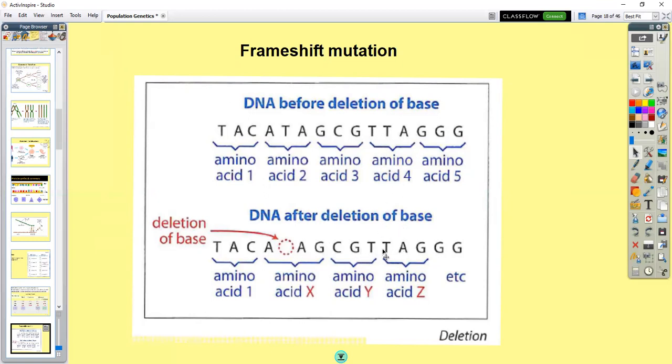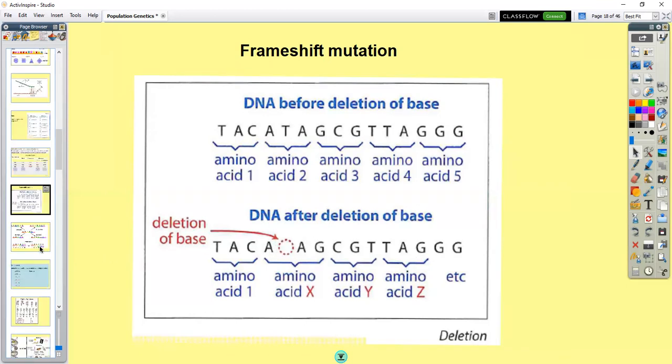TTA, the T's over here, so TAG, again, would give you a different amino acid. So every amino acid which comes after that deletion is different than what would be coded for in the original piece of DNA. So this part of the DNA, if you like, has shifted up the way to be part of a different triplet code. So that's what's called a frame shift mutation.